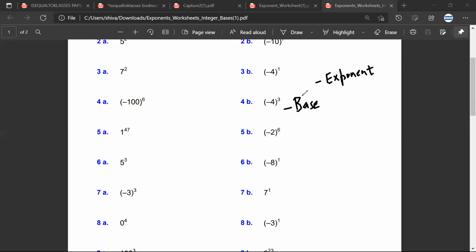If the base has a negative sign, it has another meaning. And depending on whether the exponent is odd or even, whether it will be plus or minus, there is a certain logic that needs to be understood. Sarthak, have you understood?